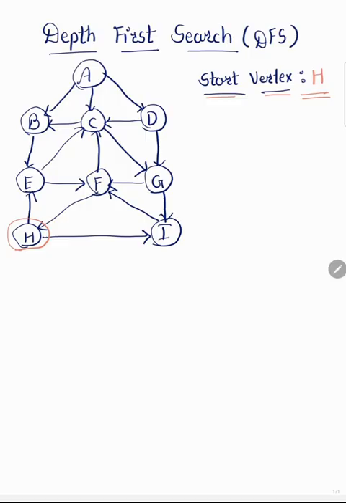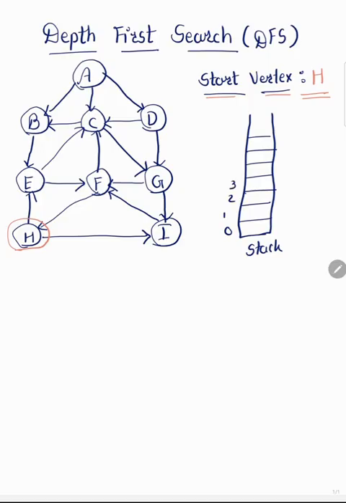Okay, now as I told you, we are going to follow a stack. So I'm roughly drawing it over here: this is my stack, and I'll have indexing over here.